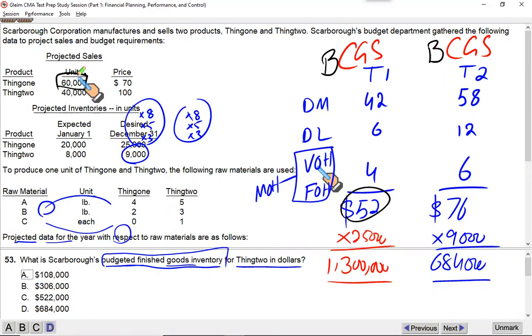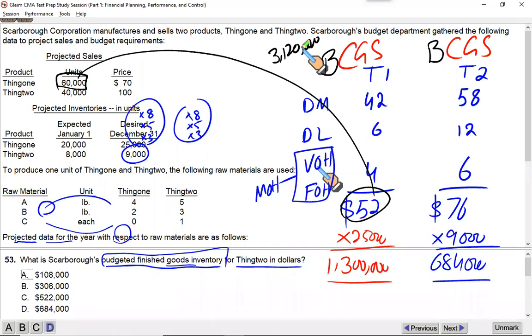So 60,000 units multiplied by the cost of each thing 1 will give you the cost of goods sold. And Afzal is absolutely right. It is 3.12 million or 3,120,000. And same for item 2. You'll multiply 40,000 with 76. It'll give you 3.04 million. Exactly right. Correct.